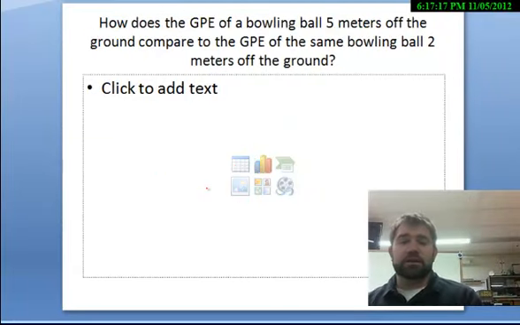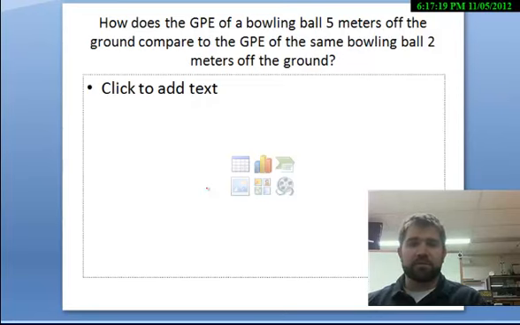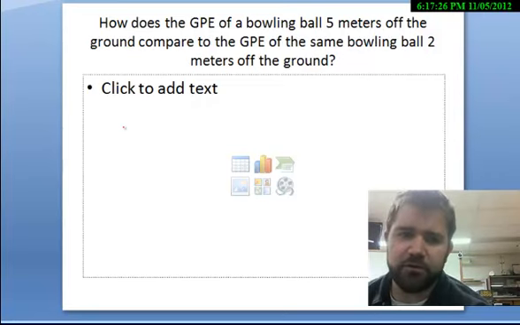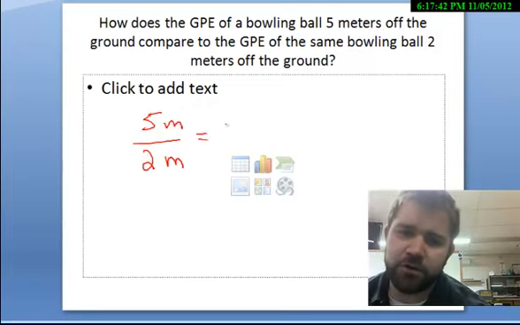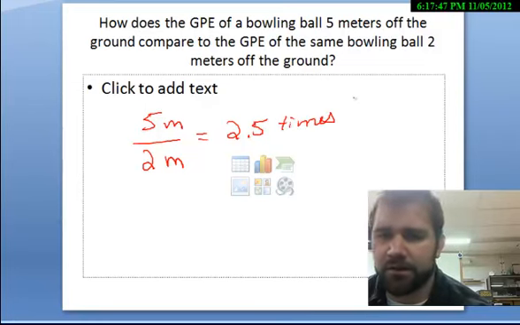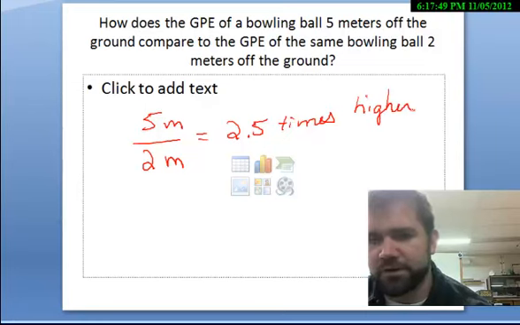Alright, how does the gravitational potential energy of a bowling ball 5 meters off the ground compare to the gravitational potential energy of the same bowling ball 2 meters off the ground? So, this question is going to be much like the last one. We can't calculate any actual values, but we can compare them. So, the bowling ball at 5 meters is 2.5 times higher than the bowling ball at 2 meters.